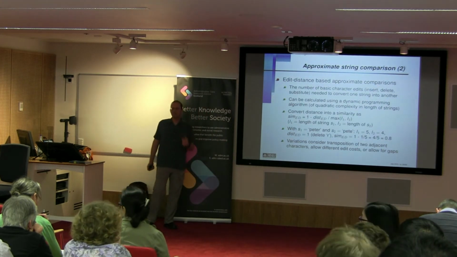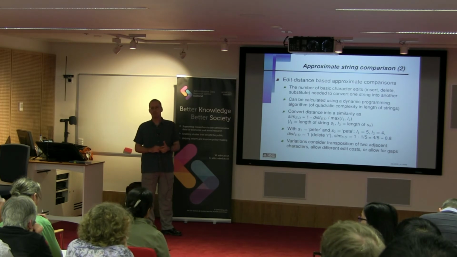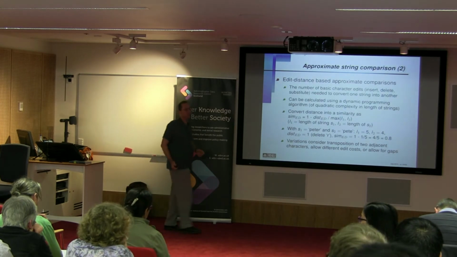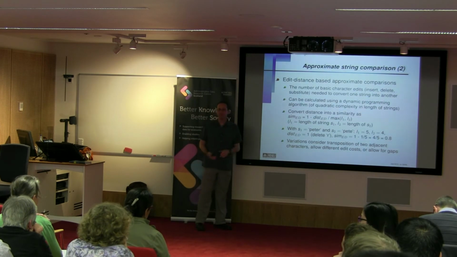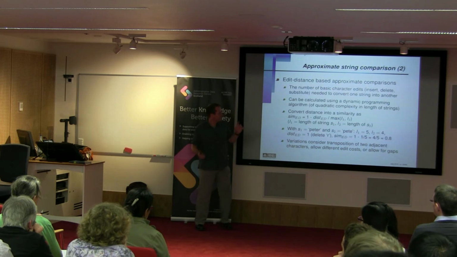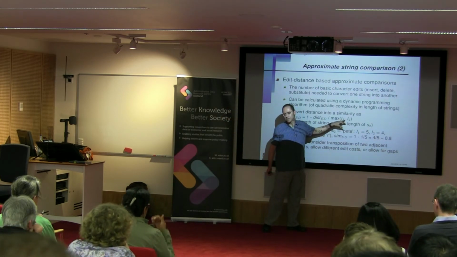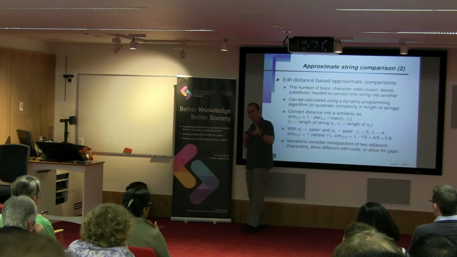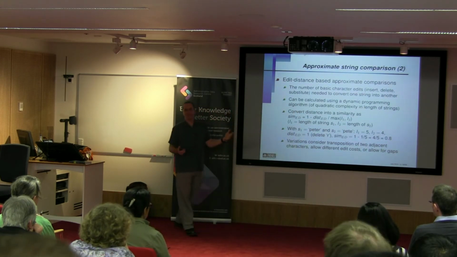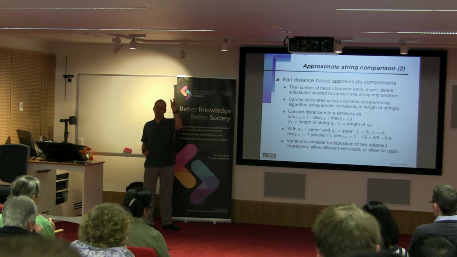Quickly ask, is it weighted by the length of the string? Because basically, if you have only 2 letters, you only need 2 letters. That's right. So at the moment, it's weighted through this equation here, where we divide by the maximum length, right? But it's subtle, right? In a way, if you have very long strings, you get a very high similarity if you only have 1 or 2 edits.